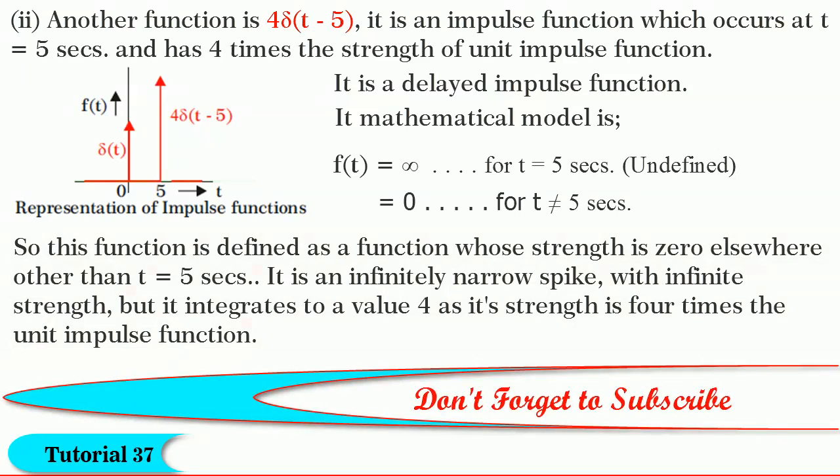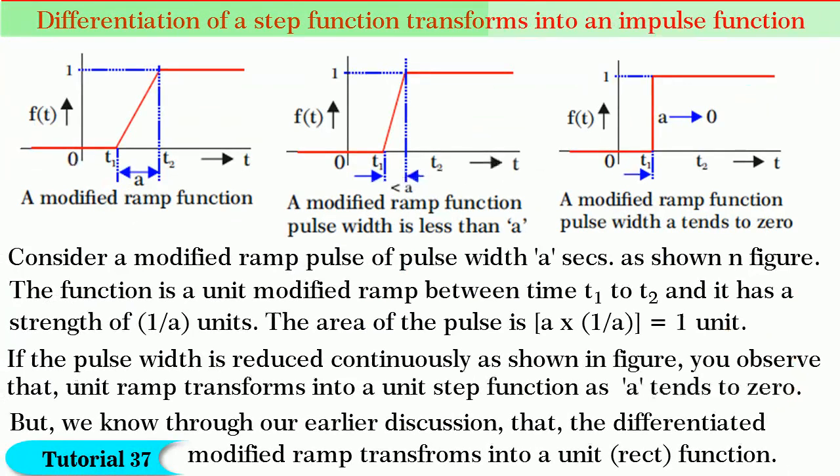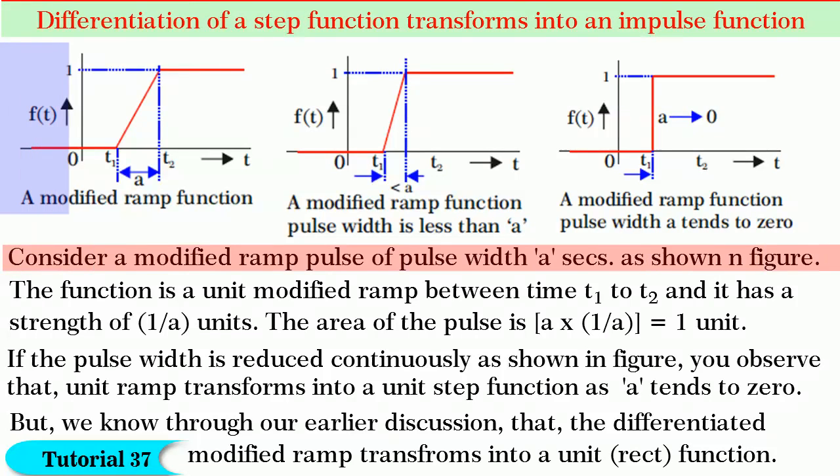Hope you got it. Next, we shall see an interesting fact that the differentiation of a step function transforms into an impulse function. This is another way of understanding the impulse function. Consider a modified ramp pulse of pulse width a seconds as shown in figure.